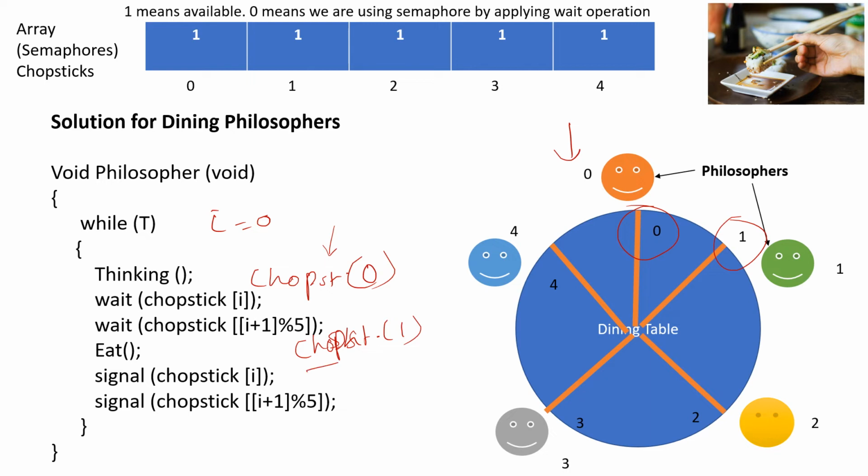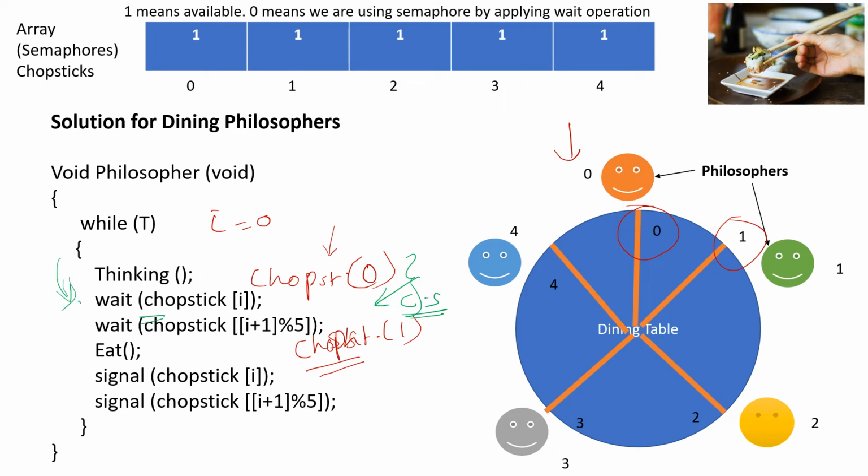Now before assigning chopstick number 1, suppose context switching happens in between these two. What is context switching? We have already learned that: the control goes to the operating system. In the meantime, philosopher 1 comes in, and chopstick 1 is assigned to philosopher 1.